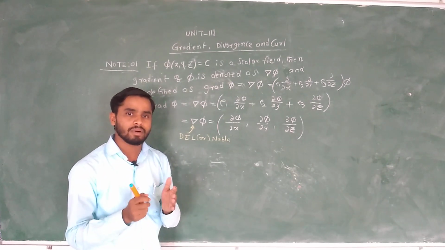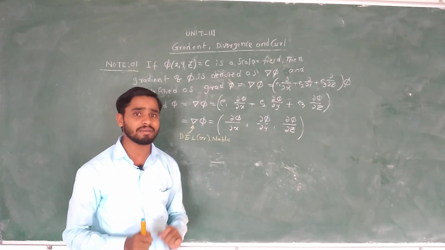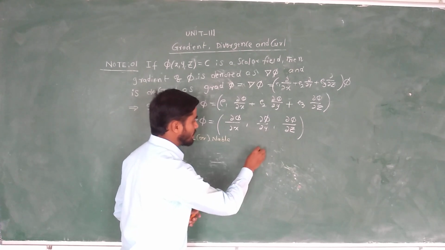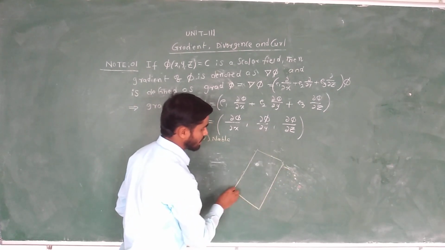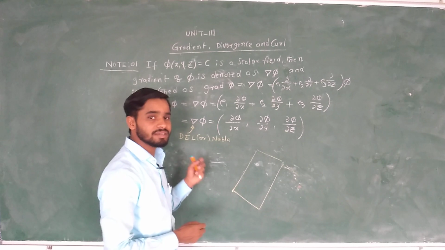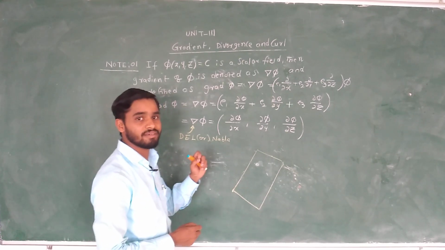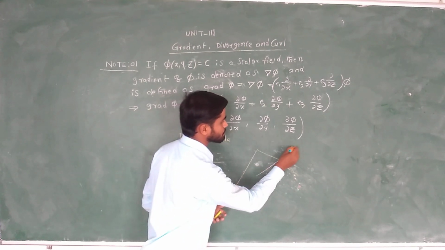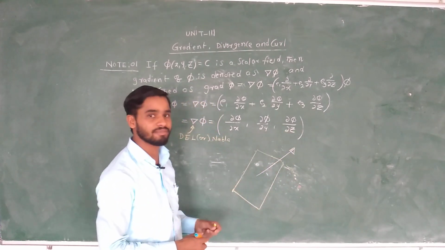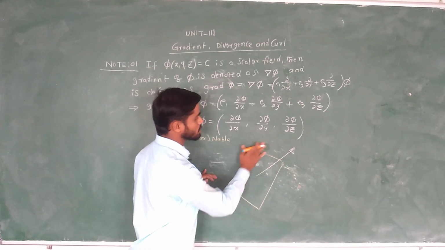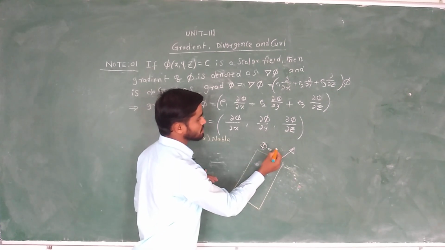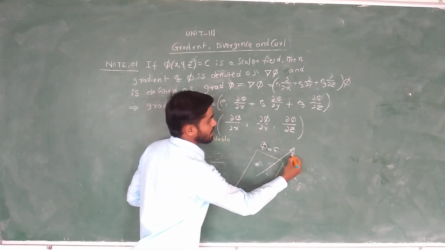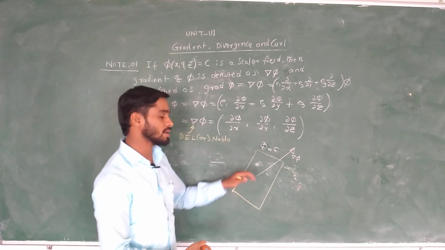Basically, geometrically, what is the meaning of gradient of a scalar field? If you consider any level surface, the gradient of the scalar field is always perpendicular to this surface. Suppose phi is equal to a function which is equal to constant, and this one is del phi.